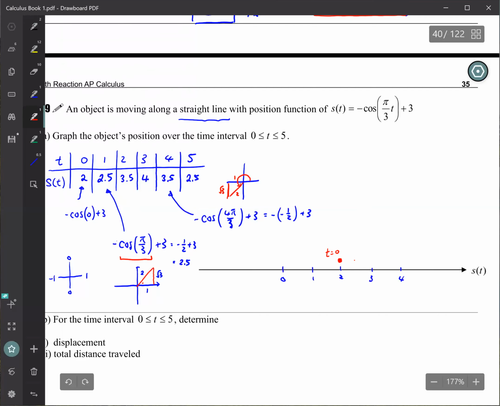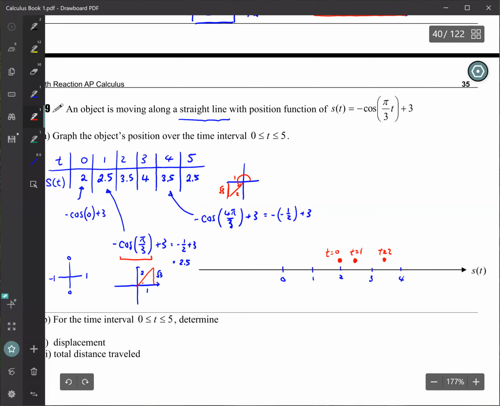One is 2.5, 2 is 3.5, 3 seconds is 4, right? You can show the turnaround, so you can draw the point a little bit higher, right? Okay. So t equals 1, t equals 2, right?